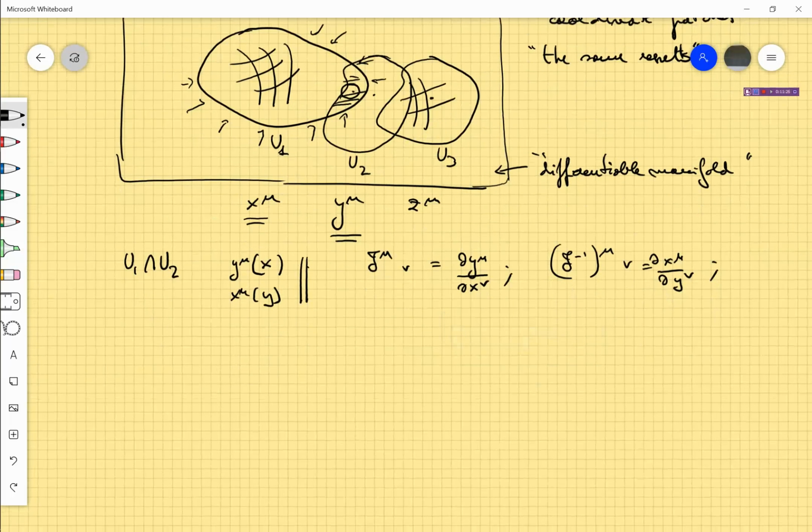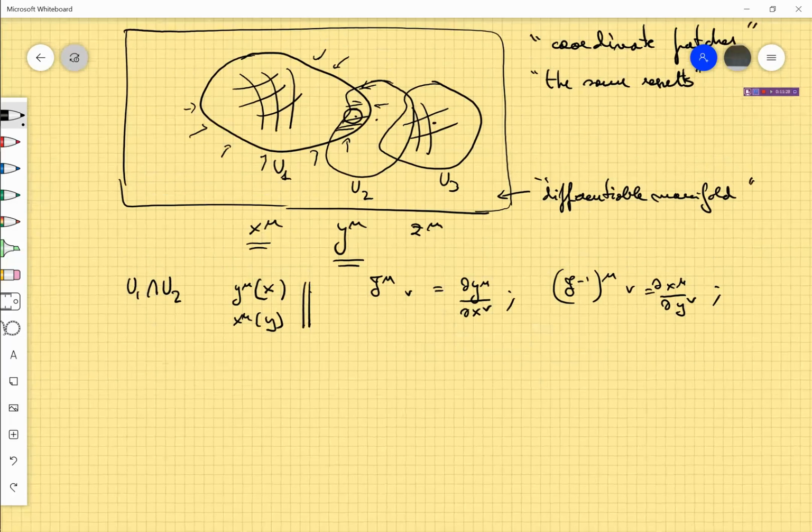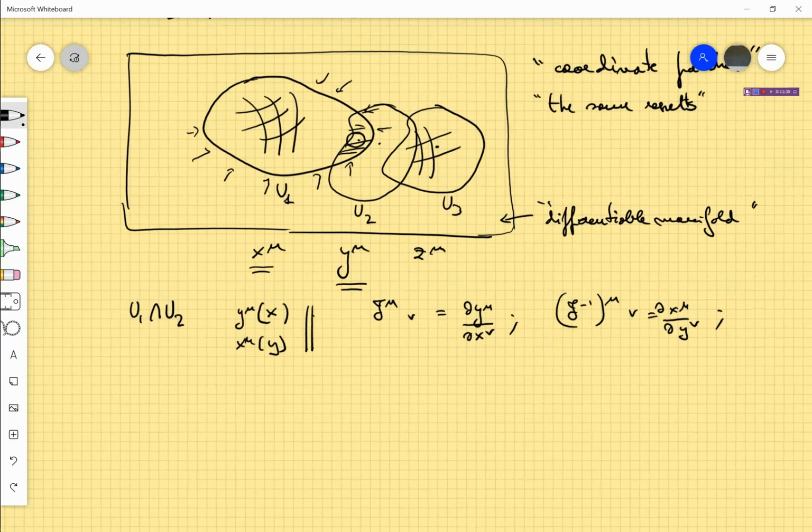You can say that a differentiable manifold is a space that locally, and locally means in a neighborhood of any point where we can have a coordinate patch covering that neighborhood, is similar to R^4 if we are in 4 dimensions, or R^n if it is an n-dimensional manifold, but globally it may not be.